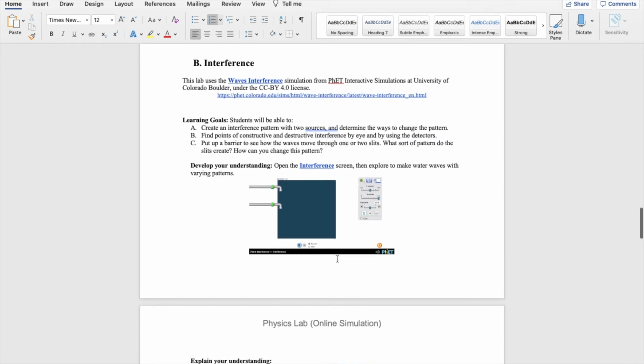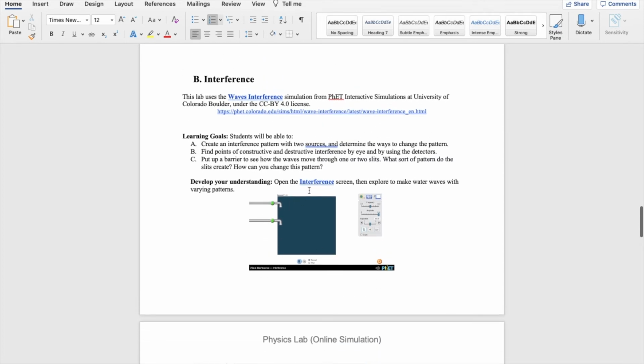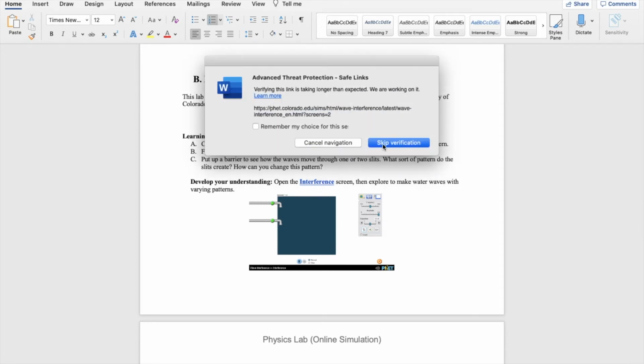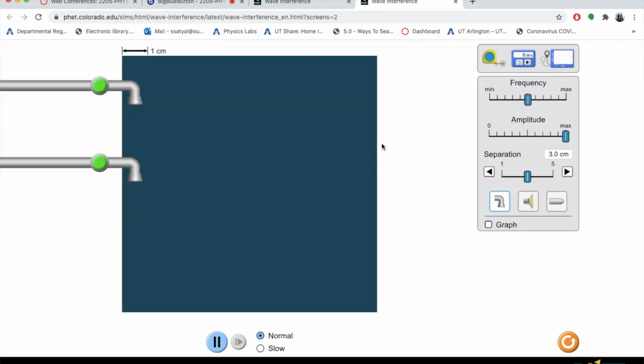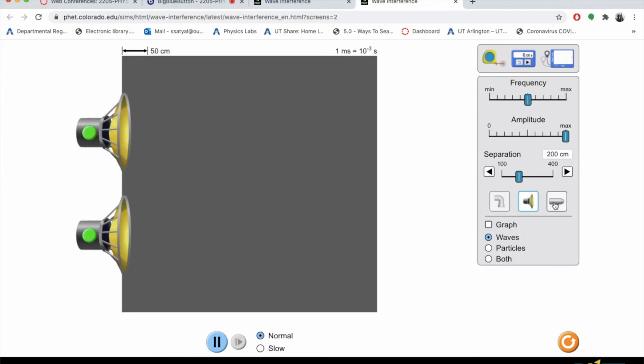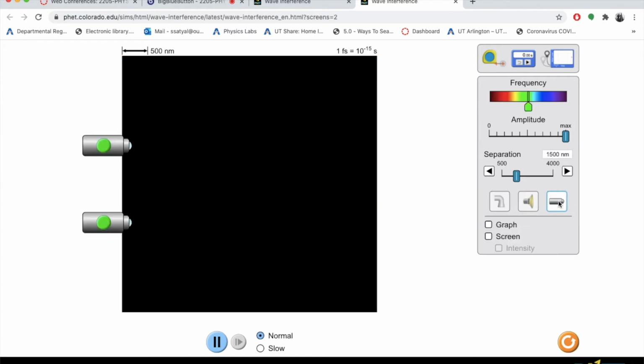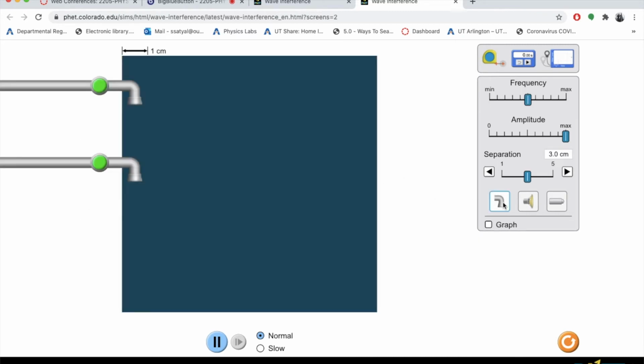And the next one is the interference. Open your interference screen. And now you have two sources, because to interfere we are using two sources: water drops, the sound source, the speakers here, or the light source. Okay, same thing, we can use water first.